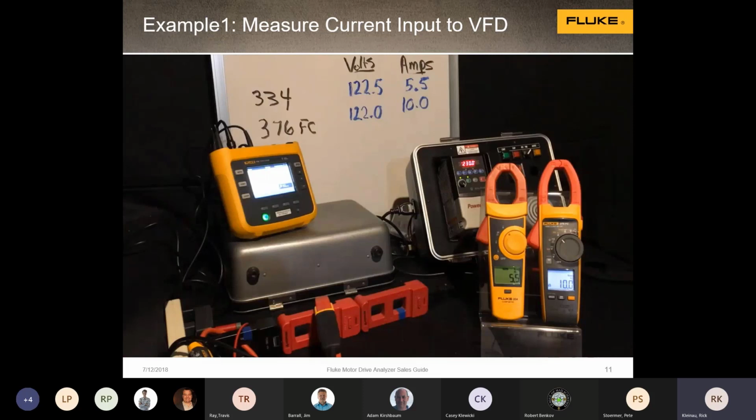Let me ask a question and you could stick something in the chat window if you want to volunteer a response. But if you look at this, the discrepancy here, 5.5 versus 10, that's almost 50% error, depending on how you calculate it. You might calculate it to be 100% error.